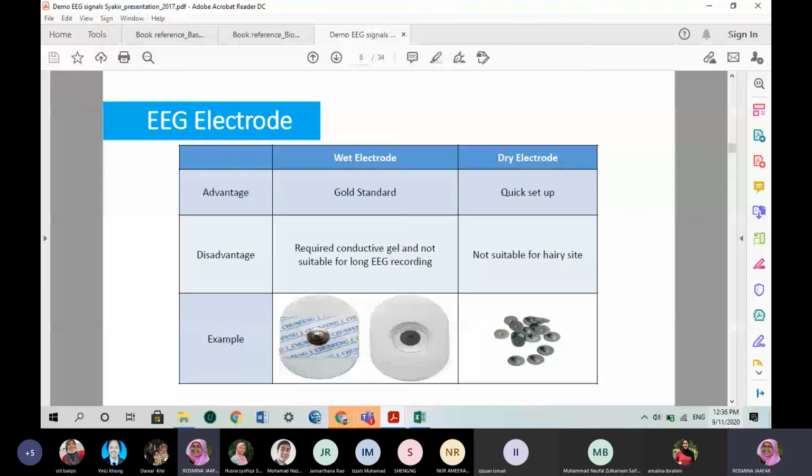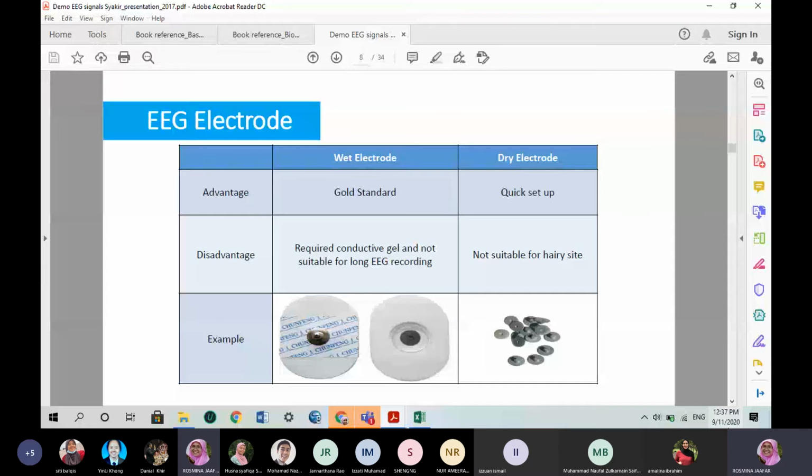Inside the gel, there will be electrolytes, and these electrolytes actually reduce the skin resistance, so that you can acquire the electric signal underneath the scalp, so that you can obtain a strong signal so that you can display it. Remember, the brain signal is very low voltage. It's in microvolts.